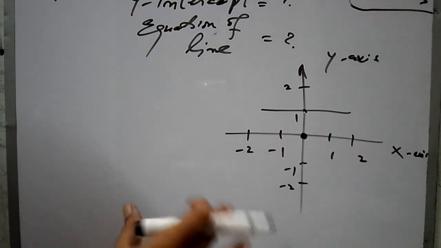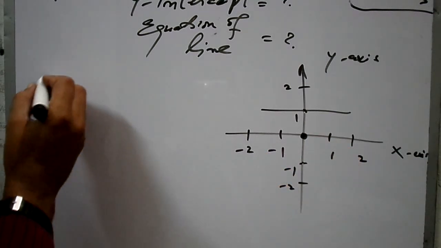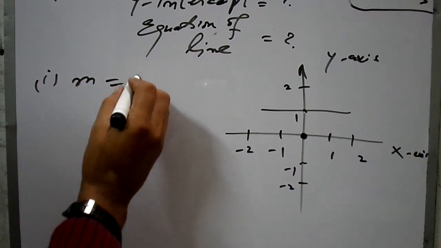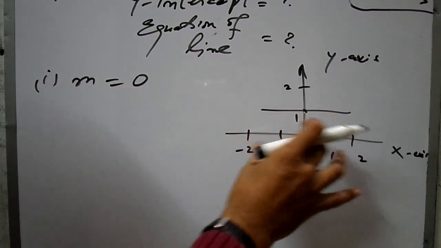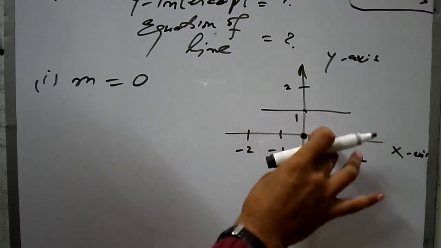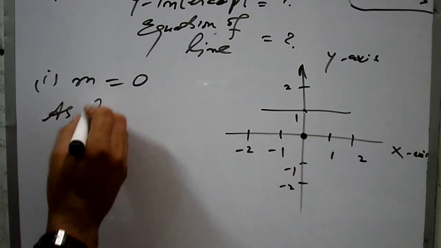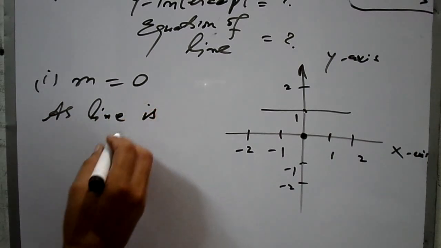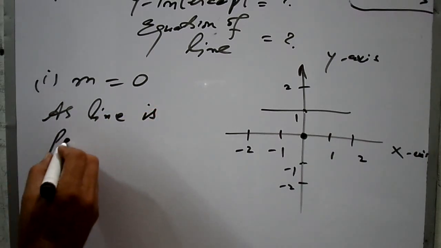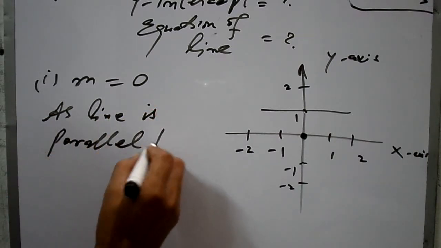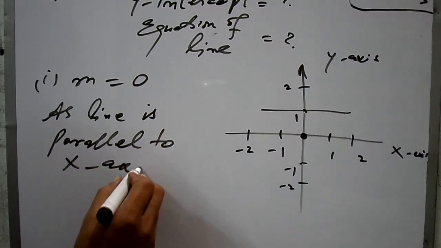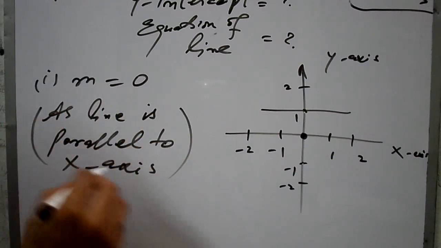From this figure it is clear that the slope is 0, because if the line is parallel to the x-axis, the slope is 0. As the line is parallel to the x-axis, therefore the slope is 0.